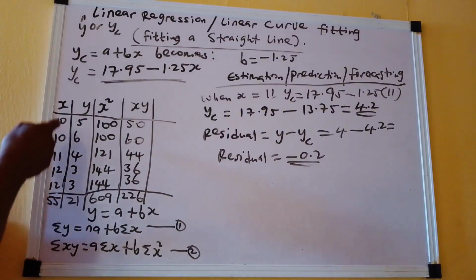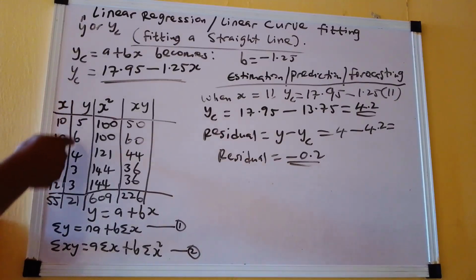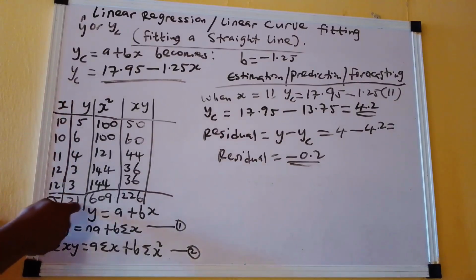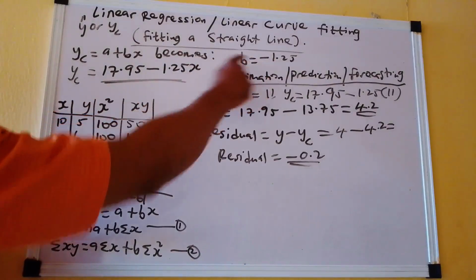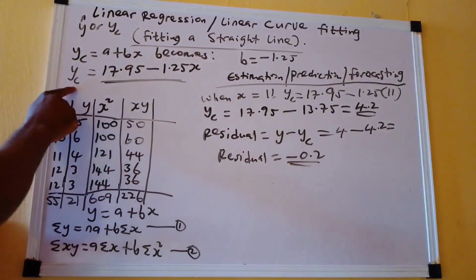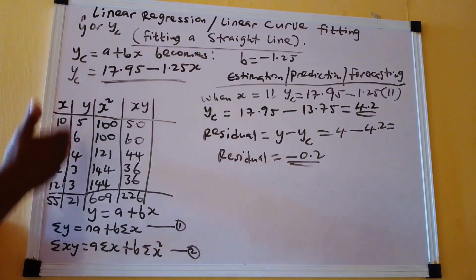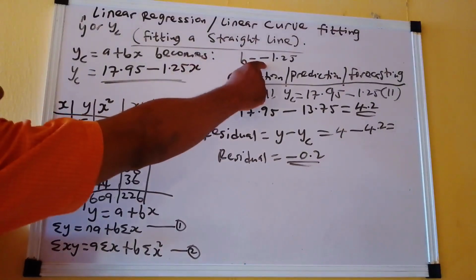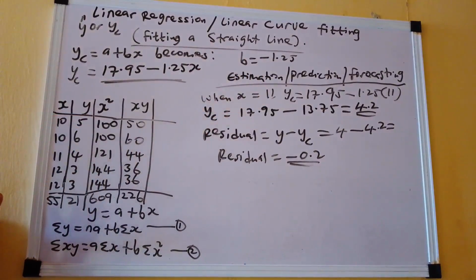So you can see that as x is increasing, y is decreasing. It has shown that x has a negative impact on y. And it has shown from the slope a negative impact. So the relationship is negative.